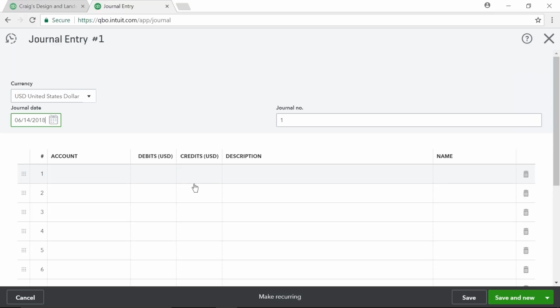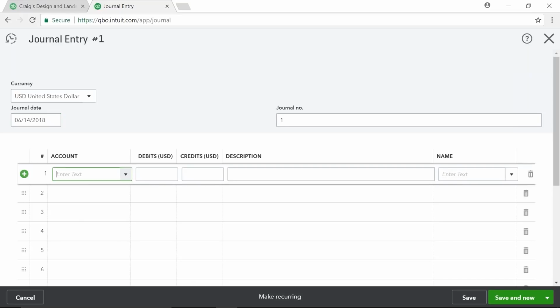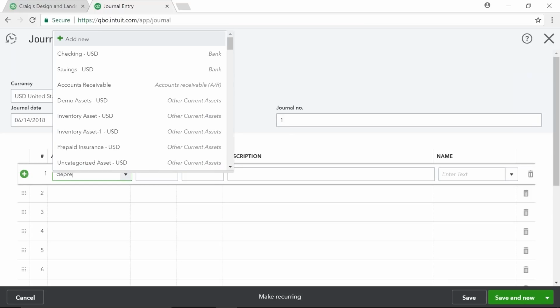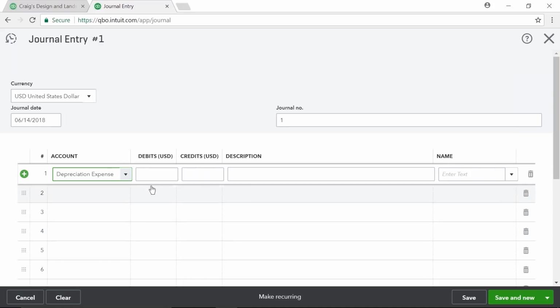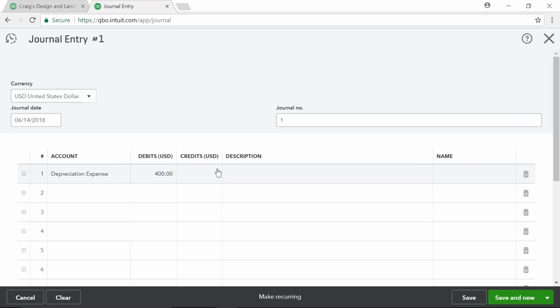But you can enter journal entries that account for that depreciation. So for this hypothetical depreciation transaction, the first thing I'm going to do is record an expense account, which is my depreciation expense. And then as a debit, we'll include the amount that we're depreciating. If I'm depreciating our truck by $400, I'll enter $400 as the debit.